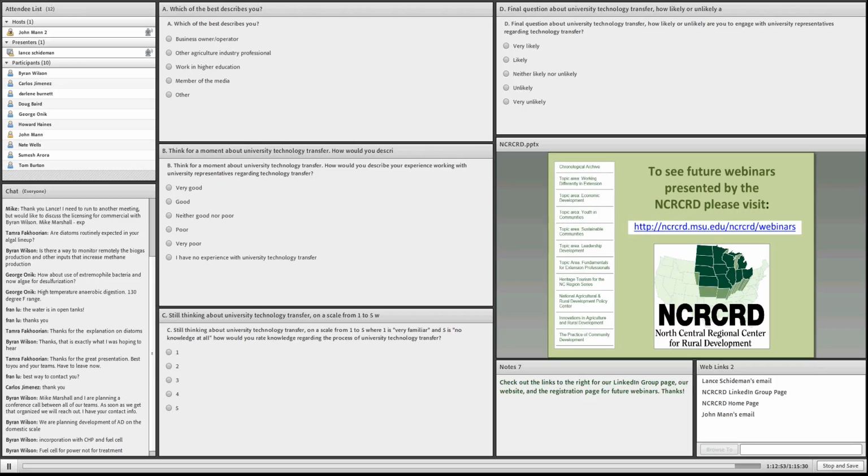Oh, fuel cell for power, not for treatment. Okay. I'm more on the water and wastewater treatment side, trying to make the biomass and give you a raw energy product. In terms of fuel cells and the electrical generation part of it, I'm interested in that, but it's not my primary area of specialty.